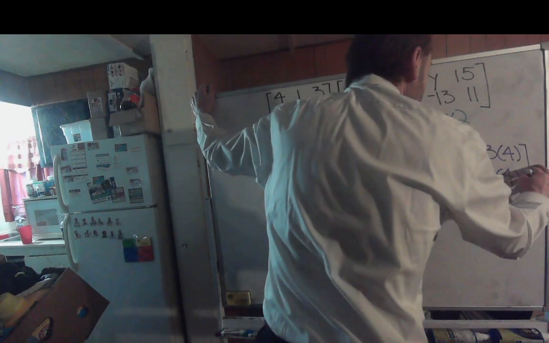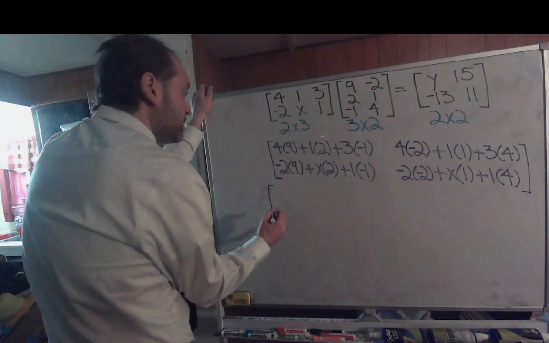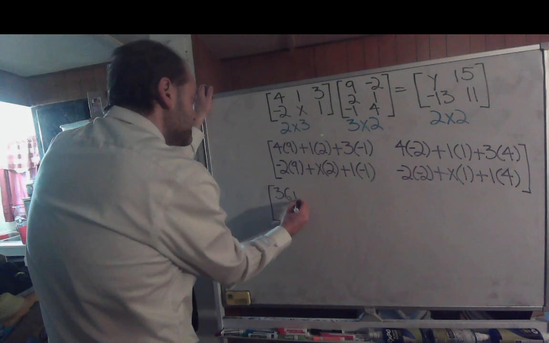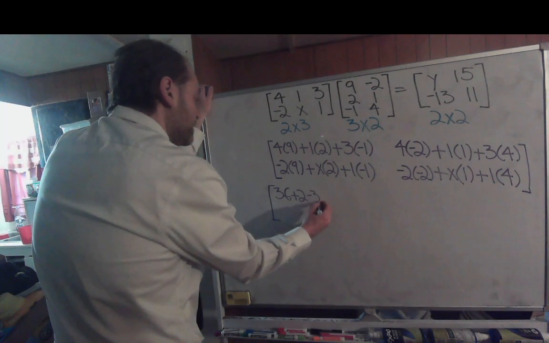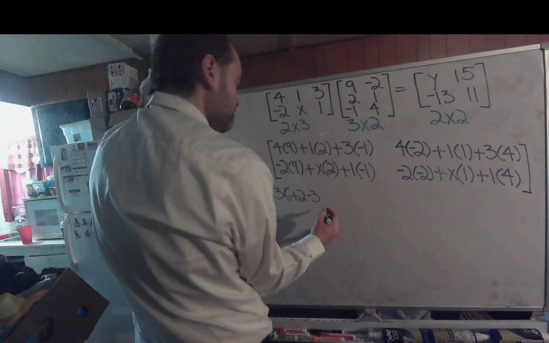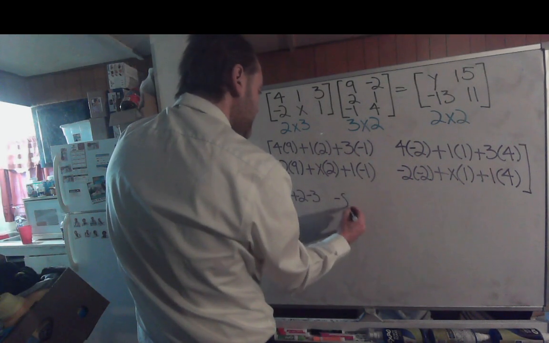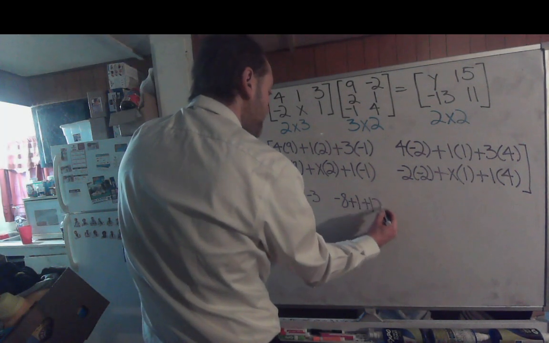Which this is all going to simplify into, what we should get here is going to be 36 plus 2 minus 3 for the first number. For the second, you'll get -8 plus 1 plus 12.